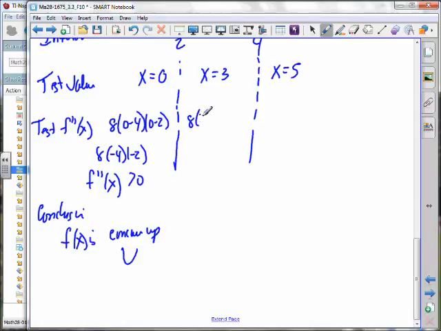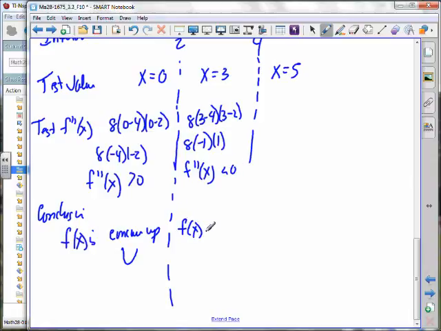Try my next one. So that's 8 times negative 1 times 1, my second derivative. Negative. Okay. So my conclusion is that the function is concave down. What do you think about at x equals 2?